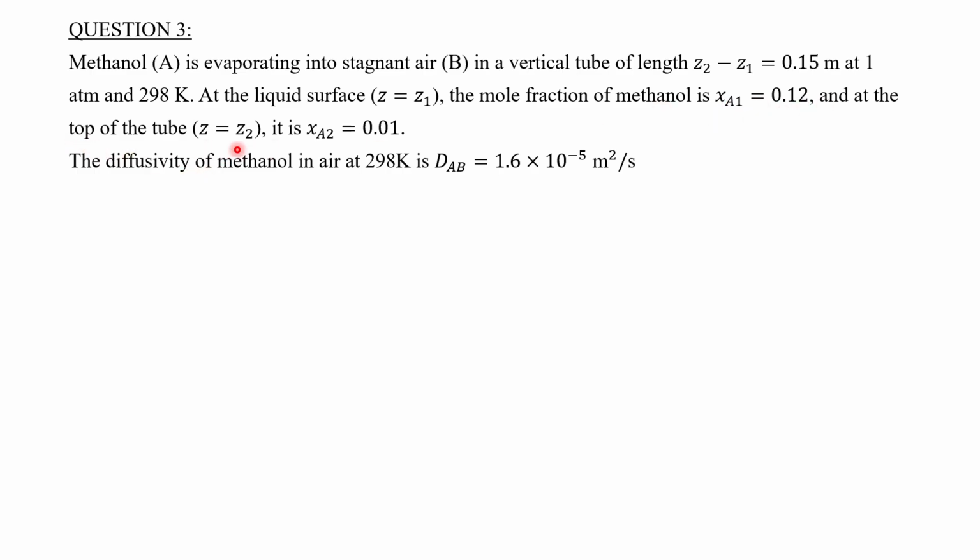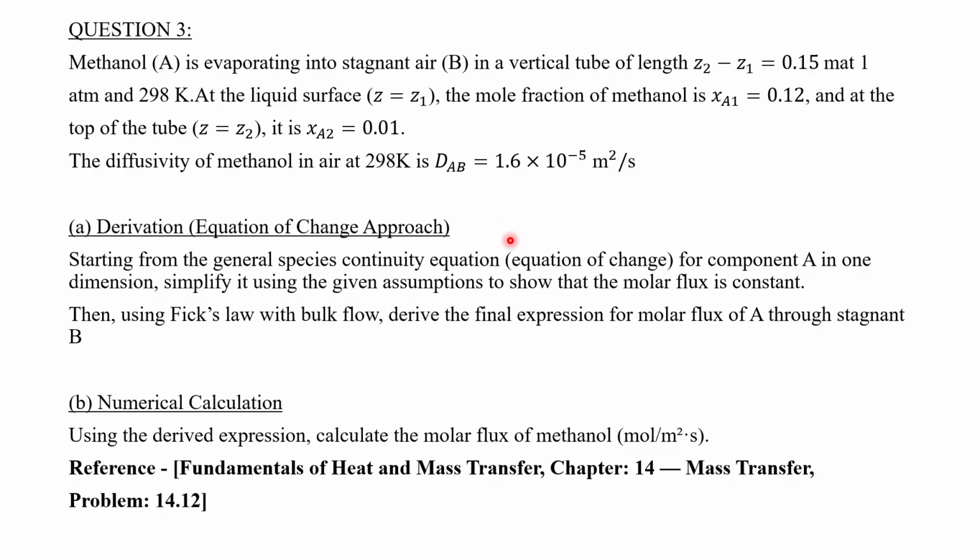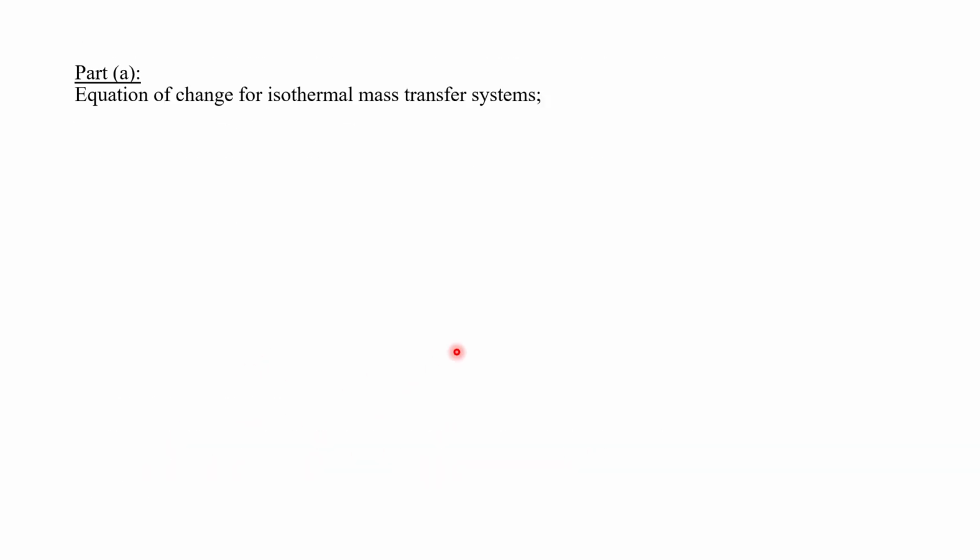At the top of the tube, z equals z2, xA2 is given as 0.01. The diffusivity is also given. So we'll start with the equation of change approach. We'll start from the general species continuity equation, the mass balance equation for component A in one dimension, and simplify it. Then we'll use the derived expression to calculate the molar flux of methanol.